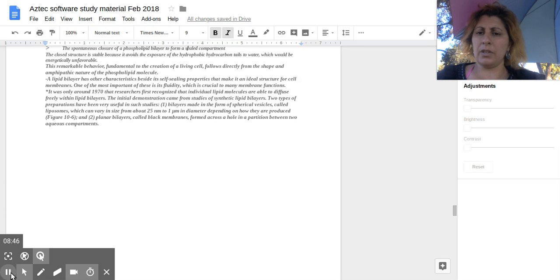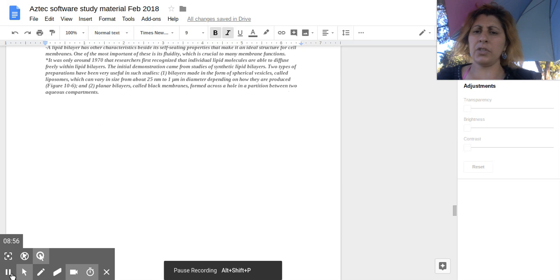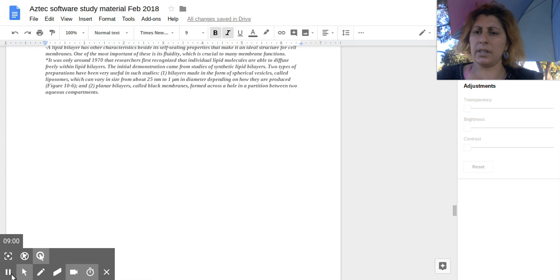Around 1970, researchers first recognized that individual lipid molecules are able to diffuse freely within lipid bilayers. Bilayers may form from spherical vesicles called liposomes, which vary in size from about 25 nanometers to 1 micrometer in diameter.